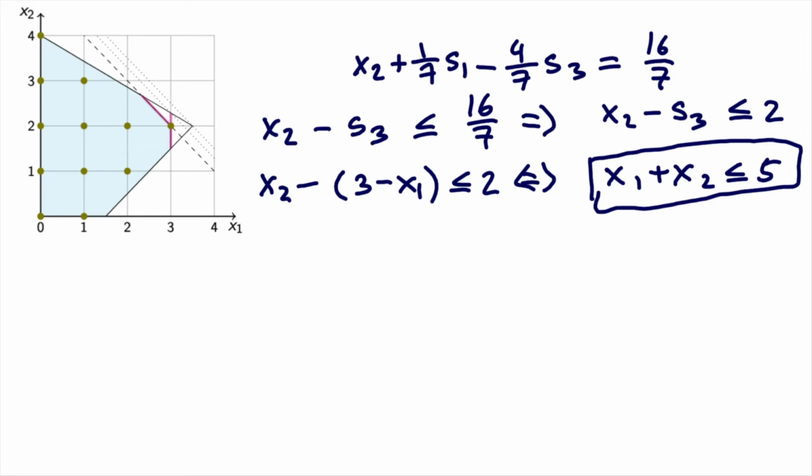Okay, so now when we apply the mixed integer rounding cut or the Gomory mixed integer cut to the same situation, let's see what we obtain. First of all, we need to look at the fractional parts of the coefficients for the non-basic variables. For S1, we have 1/7 as our fractional part. Then for S3, it's negative 4/7 minus negative 1, which gives us 3/7.